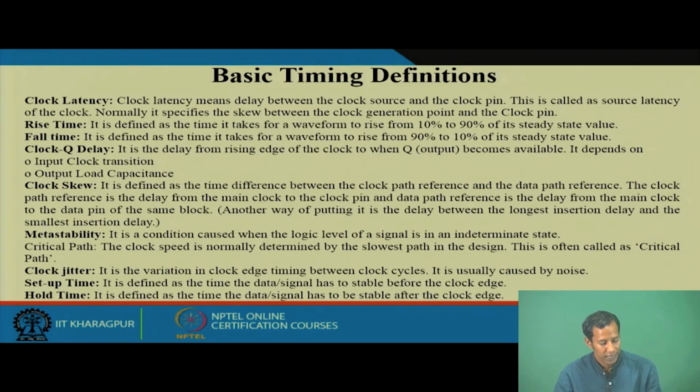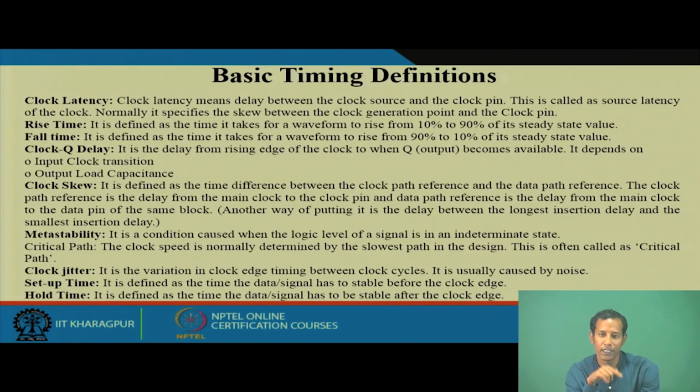Then there is another important point, which is the clock jitter. It is the variation in the clock edge timing between clock cycles. It is usually caused by noise. So, what is this clock jitter? Suppose the clock is a continuous source.